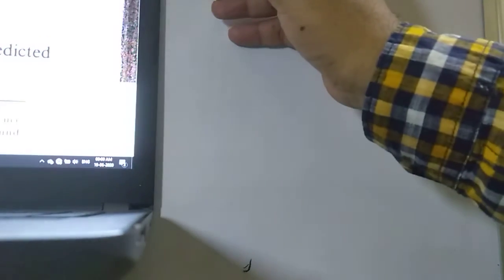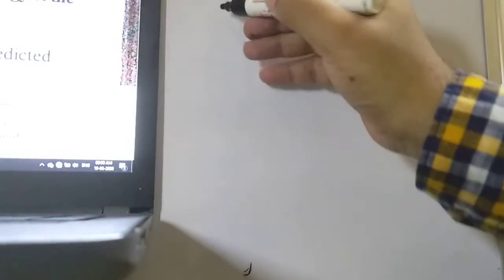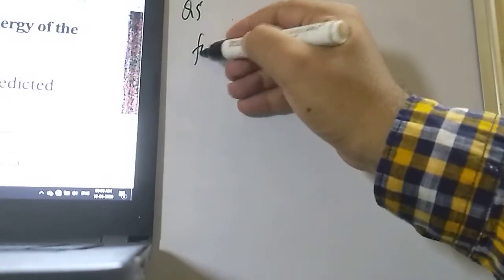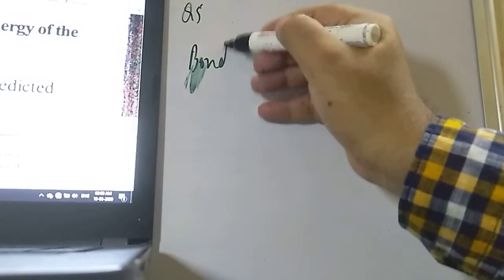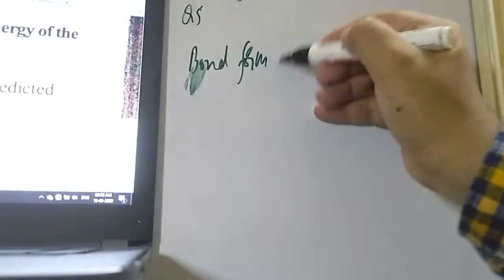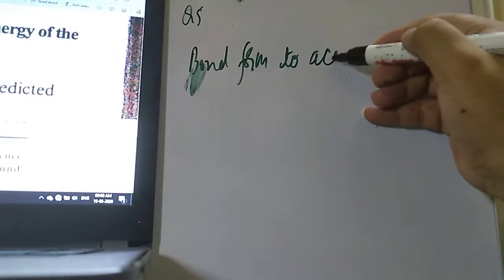Now let us try to understand on the board, student, here. So question number 5, student. When the bond forms, I told you, student, a bond forms to acquire what?